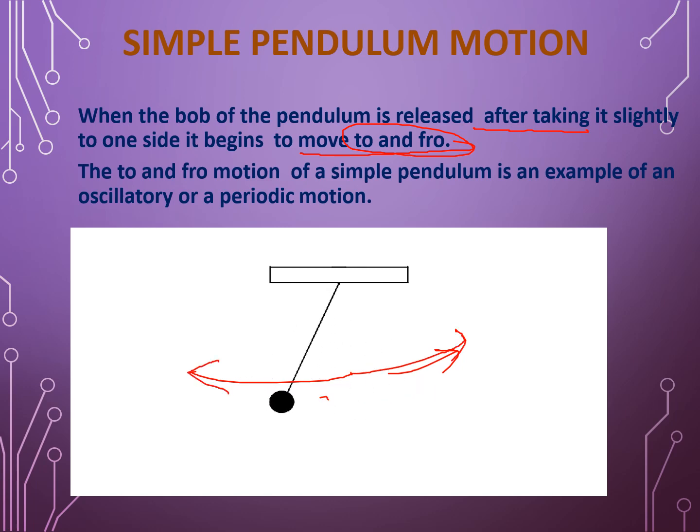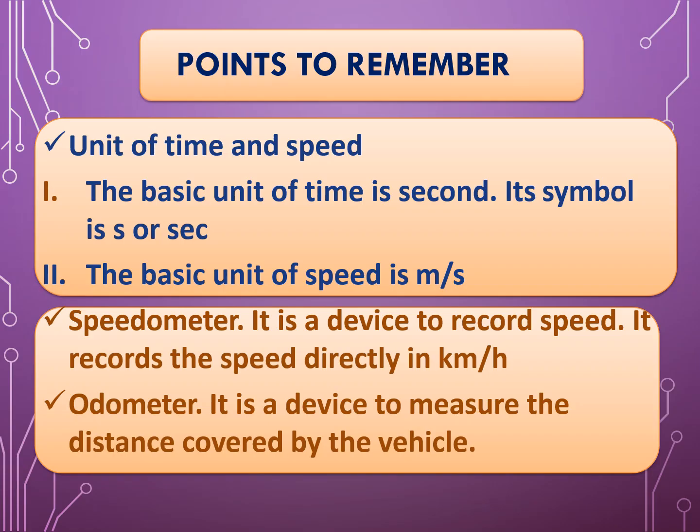Again here, then here. This is the motion of the simple pendulum. So the to and fro motion of a simple pendulum is an example of oscillatory or periodic motion. This is a very beautiful example, and this is the basic principle of the functioning of clocks.